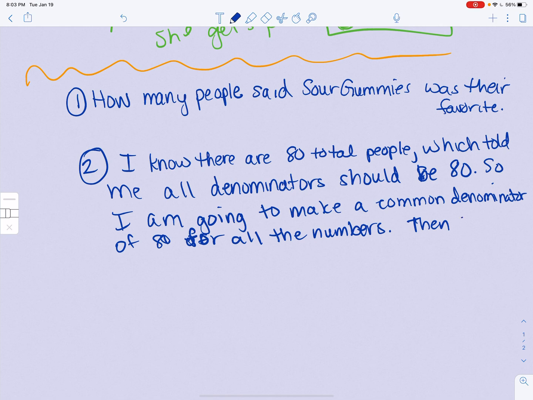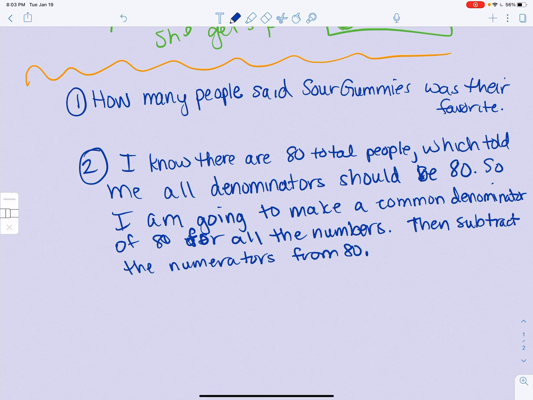Then subtract the numerators from 80. Now, I'm telling you, my way might not be yours, but it makes sense to me.